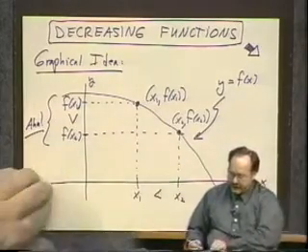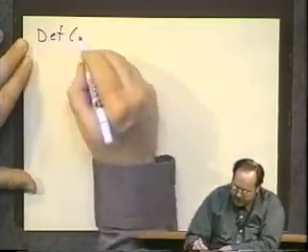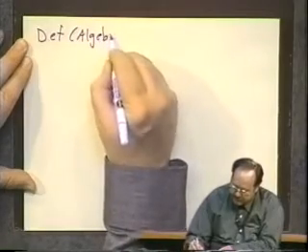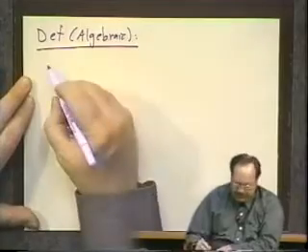Let me go ahead and write down the test, which is the algebraic definition of decreasing. So, definition, again, algebraic. Same pattern as before. I want you to notice what is different here.